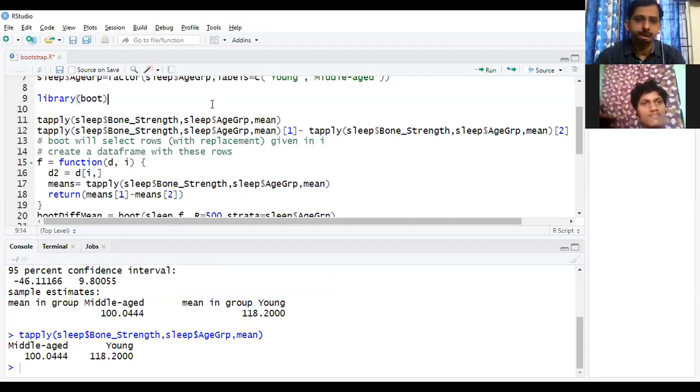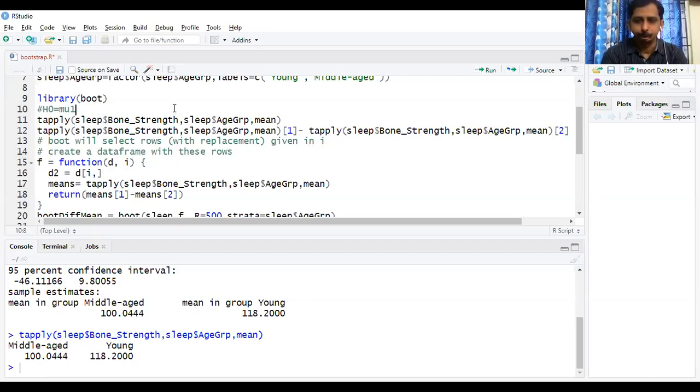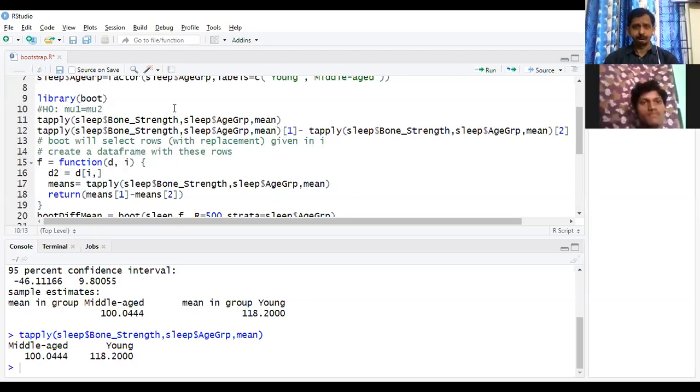Let me put it in H naught: H naught is mu 1 equals mu 2, where mu 1 and mu 2 correspond to the average bone density of the young age group and the middle aged group.